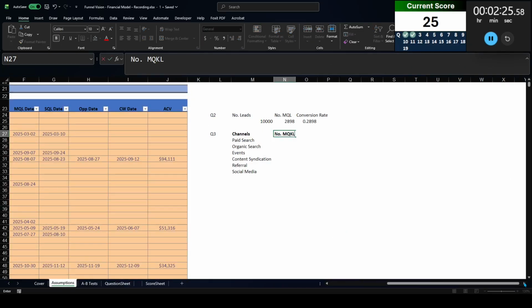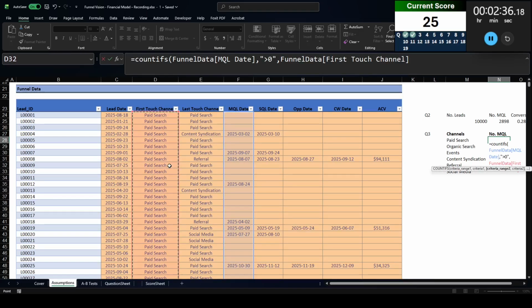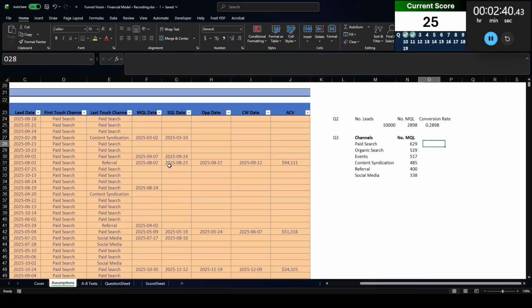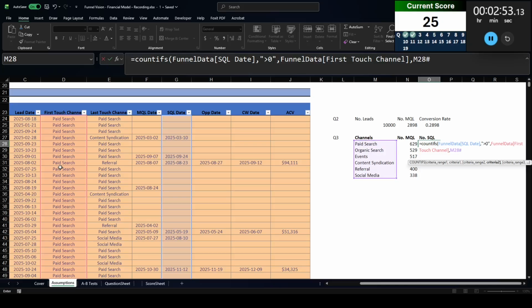For the number of MQLs for each channel, we're going to use COUNTIFS: how many times this MQL column is greater than 0, and this first touch channel refers to the channels listed out there. That gives us the number of MQLs per channel. Now let's do the same thing for the number of SQLs per channel, so SQLs greater than 0, and first touch channel is the channels listed there.